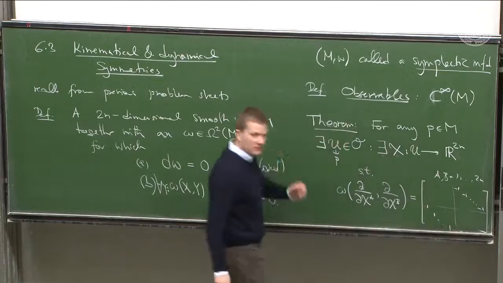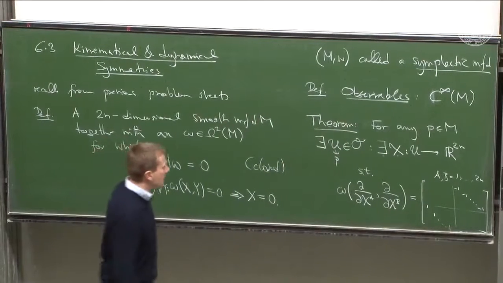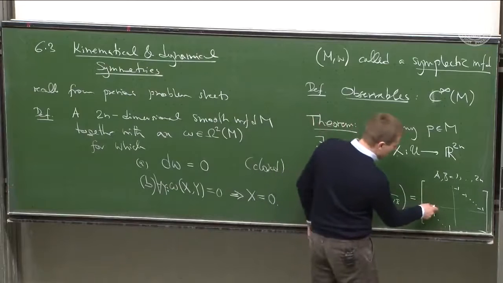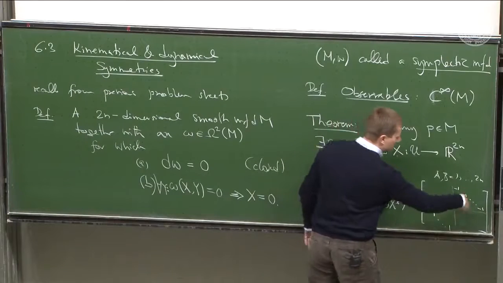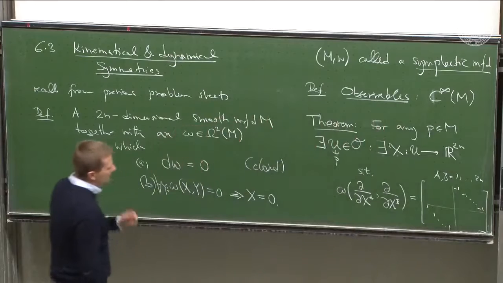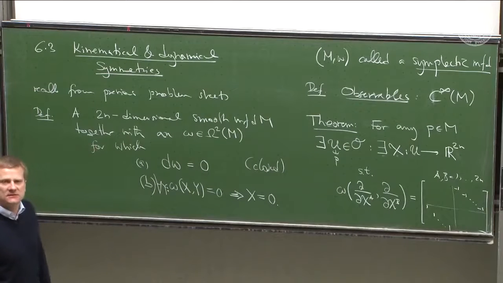And all the remaining entries are 0. I indicated here 2 blocks where each block has the size n. So in total, this is a 2n by 2n matrix.